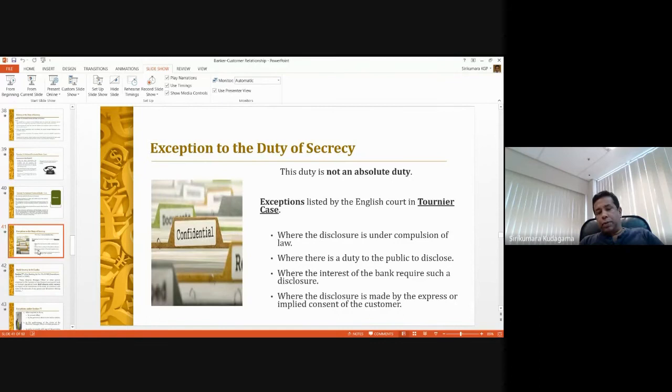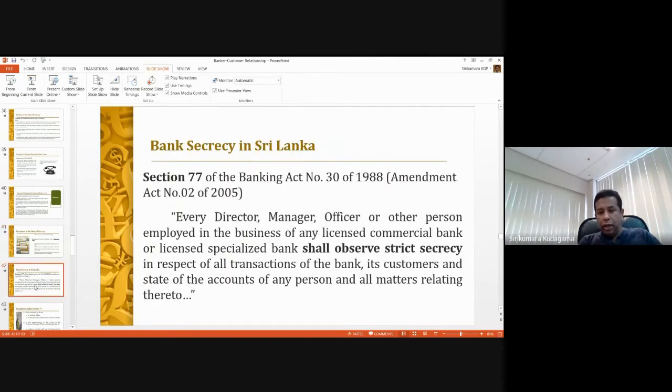This was a judgment given in 1924, and probably in today's context, these things may not apply in the same sense, but almost all the countries have enacted their respective laws to address banking secrecy in a suitable manner. We look at how Sri Lanka handles that when it enacts Banking Act number 30 of 1988.